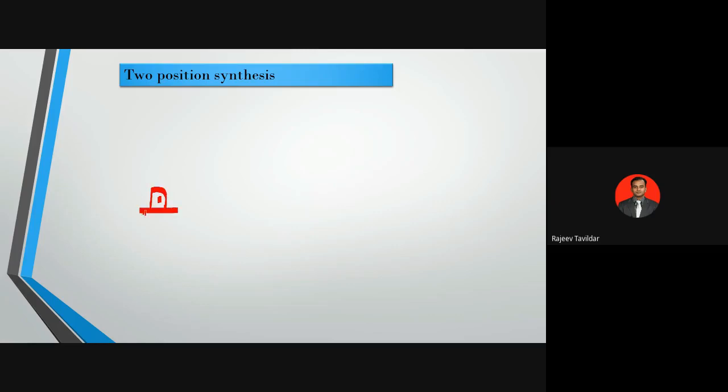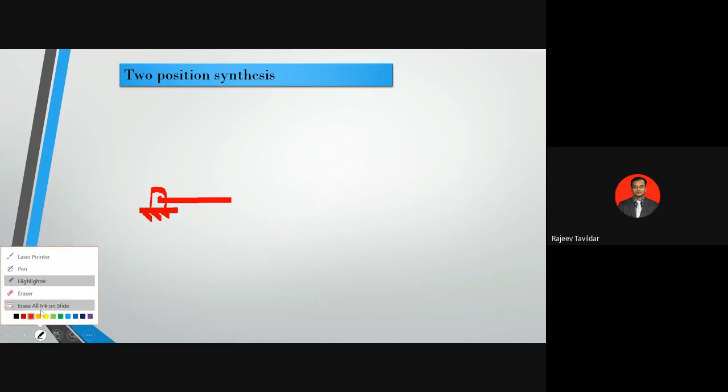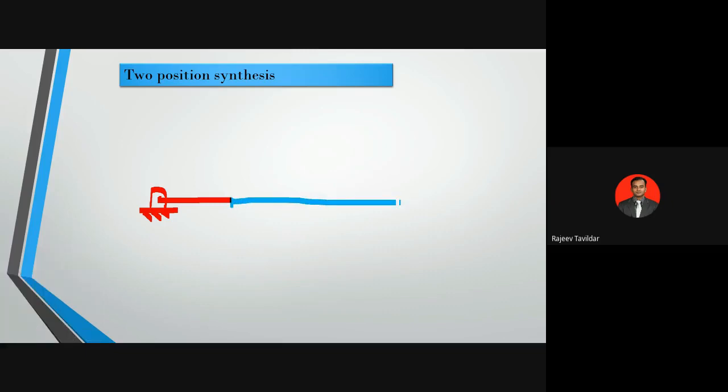So this is the crank, which is horizontal, and to this I'm going to connect the connecting rod over here, and let us place a slider over here. Okay, this is a slider.